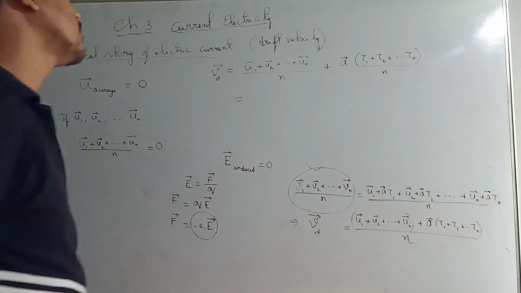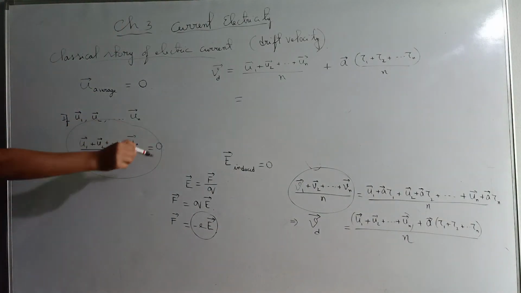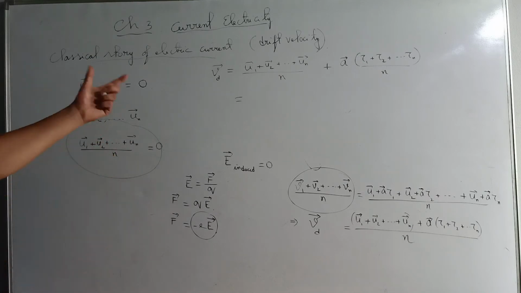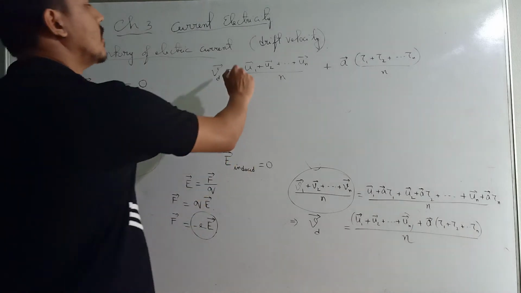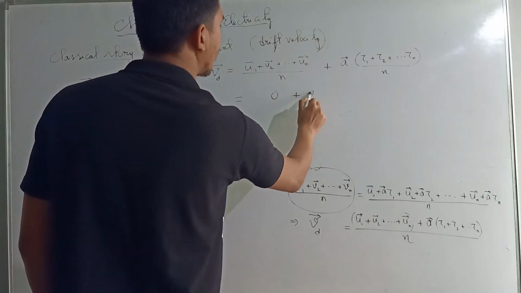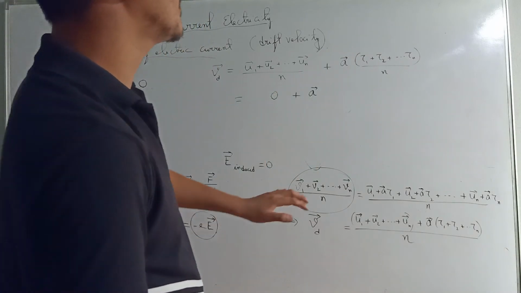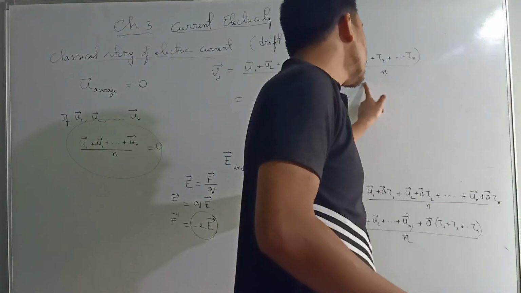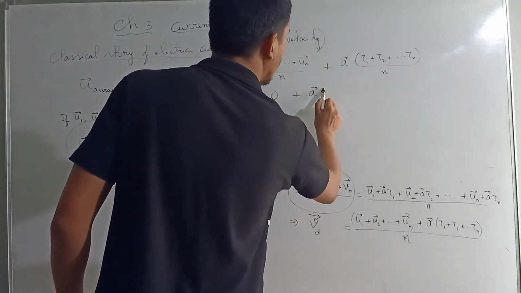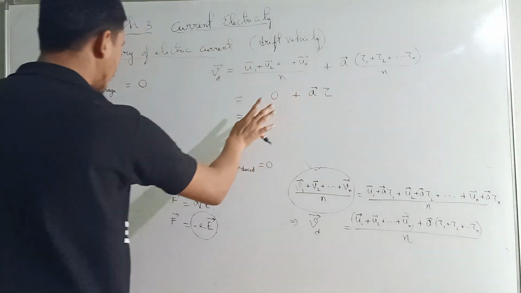Here U1 plus U2 and so on up to Un by n is the average thermal velocity, and we have seen that the average thermal velocity of the electrons is 0. Then tau 1 plus tau 2 up to tau n upon n is known as the average relaxation time, which we denote by tau.